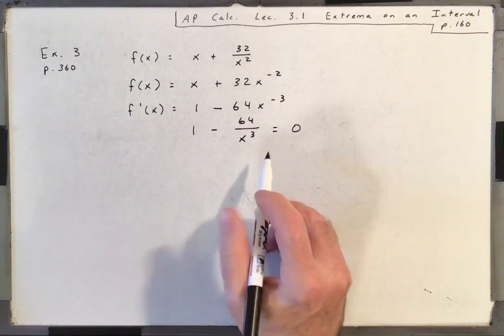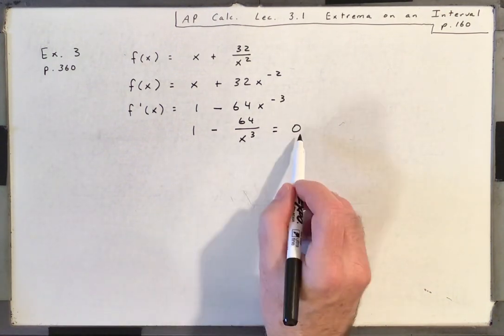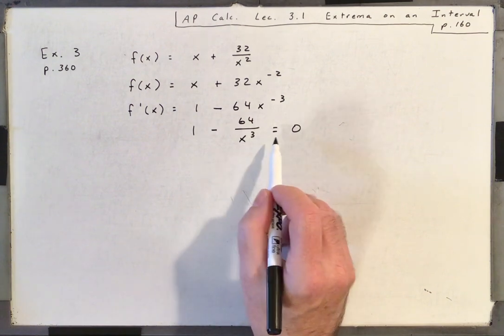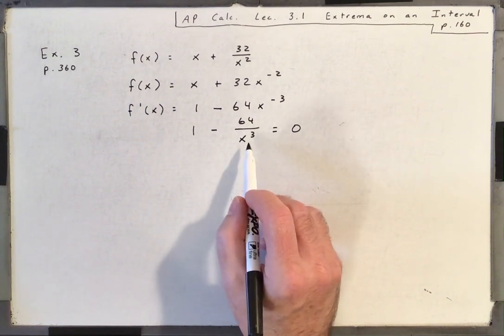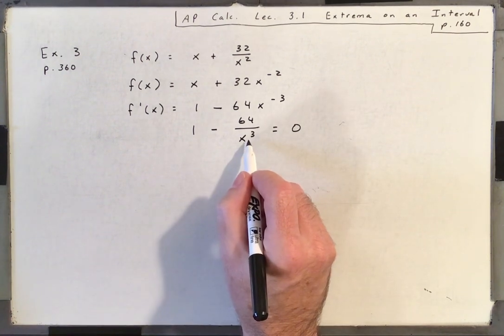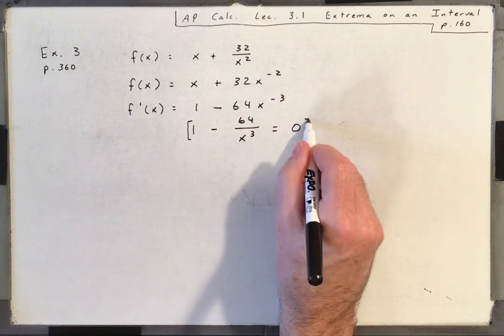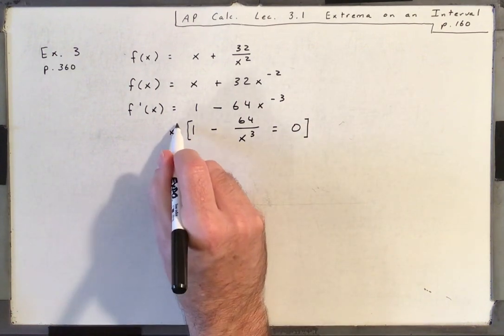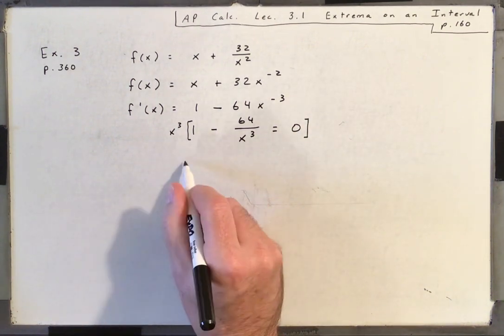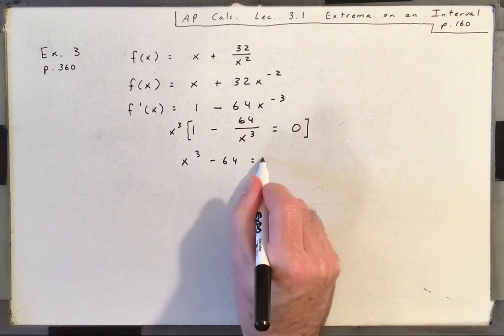All right, so what would make this statement true? I think it's pretty easy to solve. You can probably eyeball this and tell that it's 4. But just doing a little algebra here, we could multiply the whole thing by x cubed to clear that fraction. So I'd have x cubed minus 64 is equal to 0.